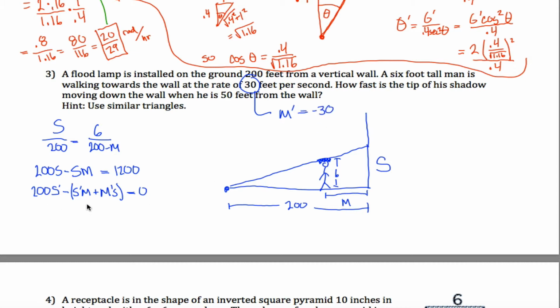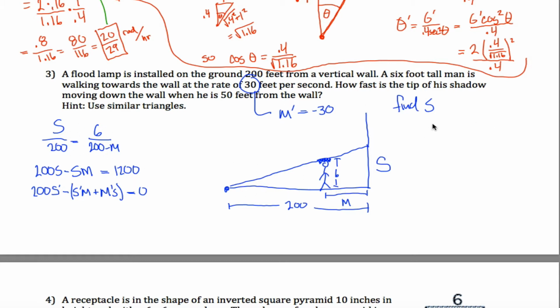So I go through and I plug that in, or maybe I solve first. Let's solve for S prime first. Do I know S? I guess I don't know S, so I'll have to figure that out. Let's find S. The way I can figure out S is using this equation.